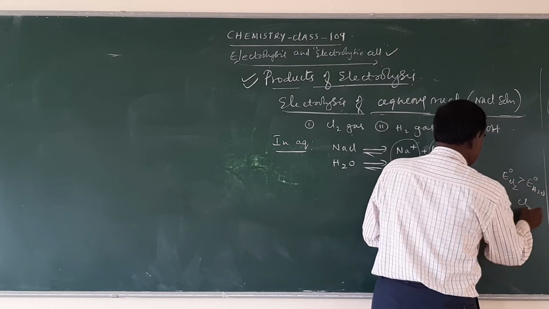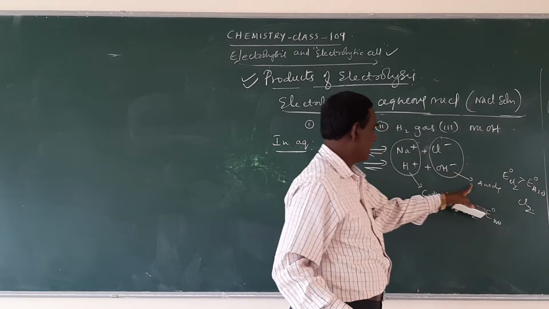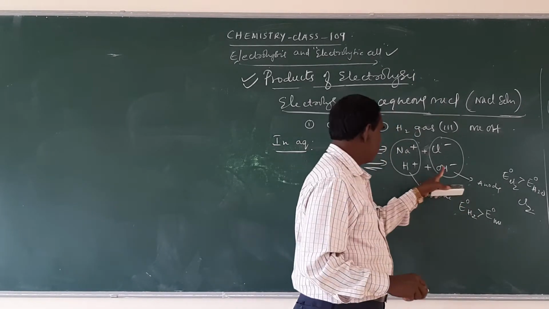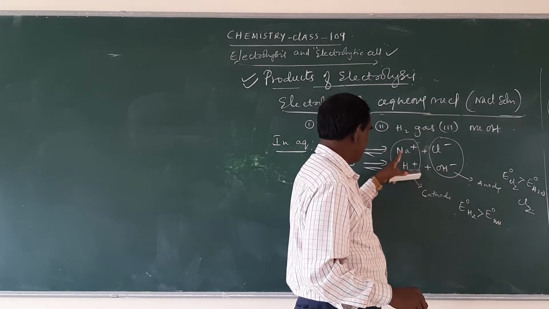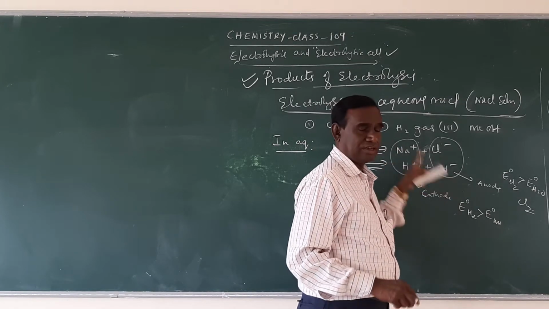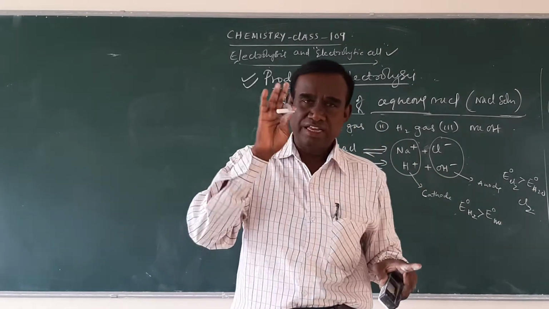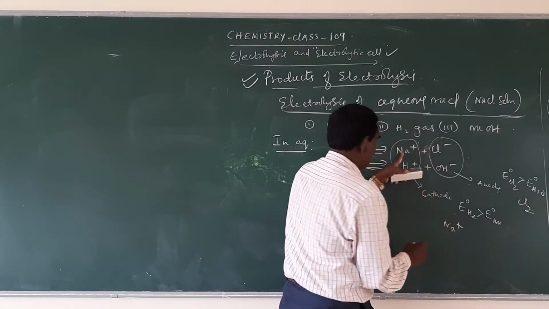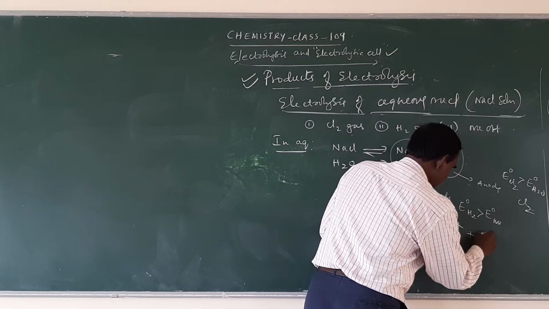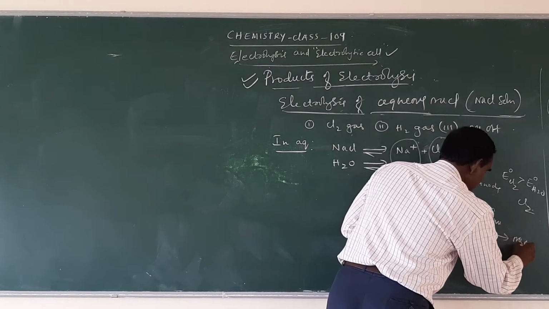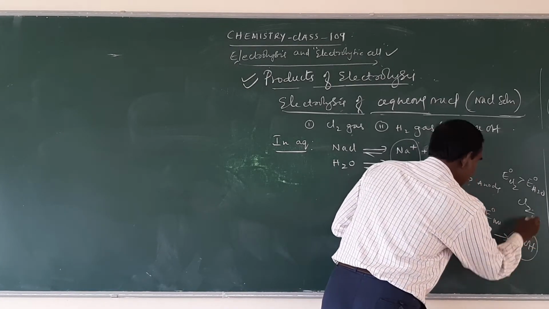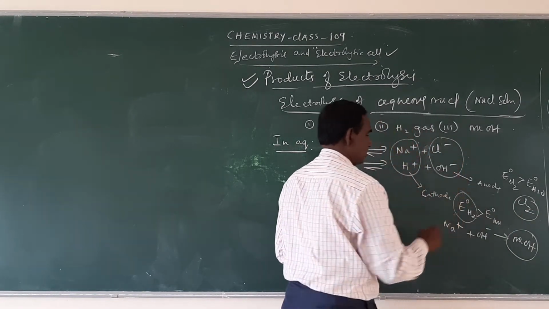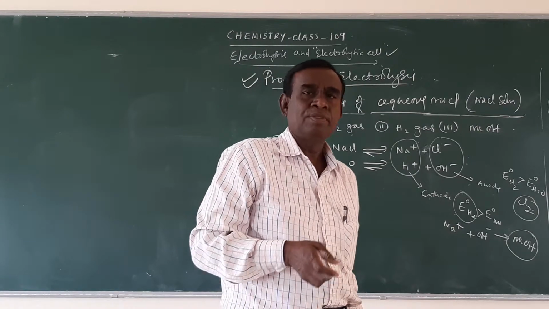So chlorine gas liberates at the anode and hydrogen gas at the cathode. But the OH- and Na+ ions do not discharge at all. Therefore Na+ and OH- give NaOH. The products are NaOH, Cl2 and H2. So these are the three products formed during the electrolysis.